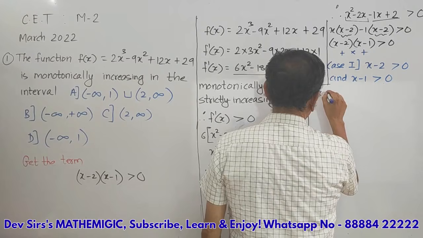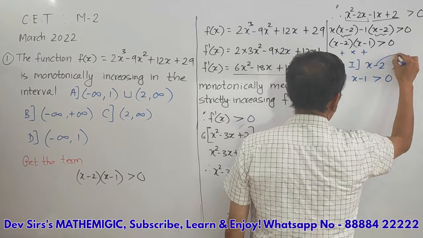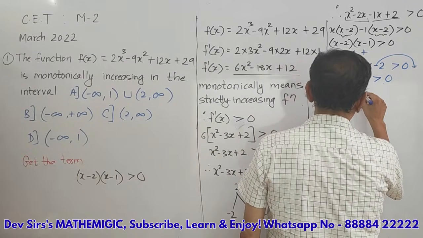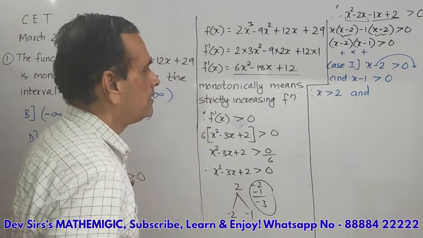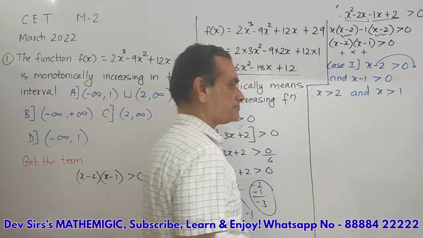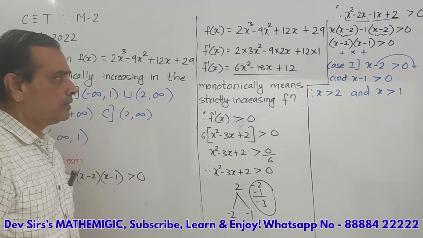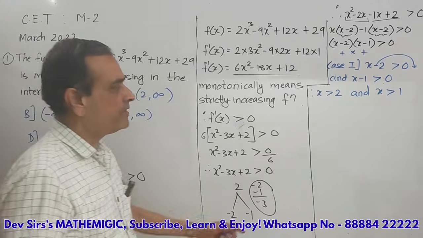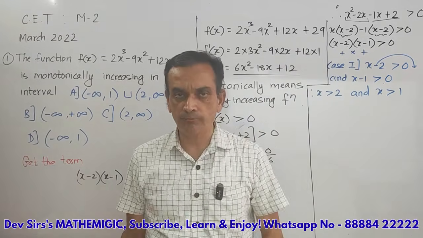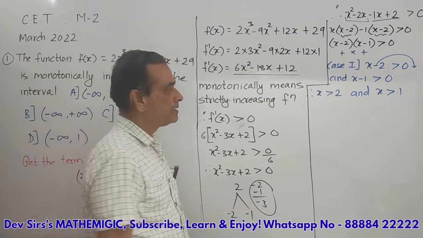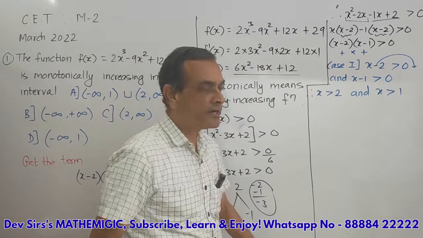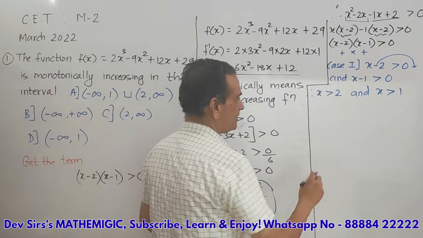Therefore x greater than 2, taking 2 to the other side, greater than 2, and minus 1, take it on the right hand side, x greater than 1. Okay, now remember, when you get both signs greater and greater, you just have to select one answer. How do you select that answer? It is the greater than symbol, so take the greater number and write that as the answer.